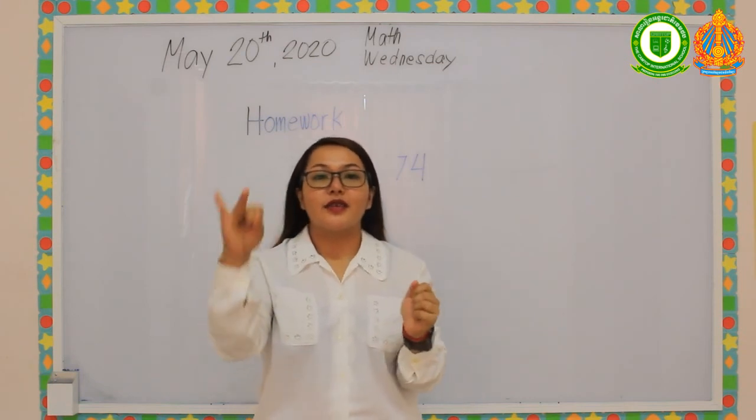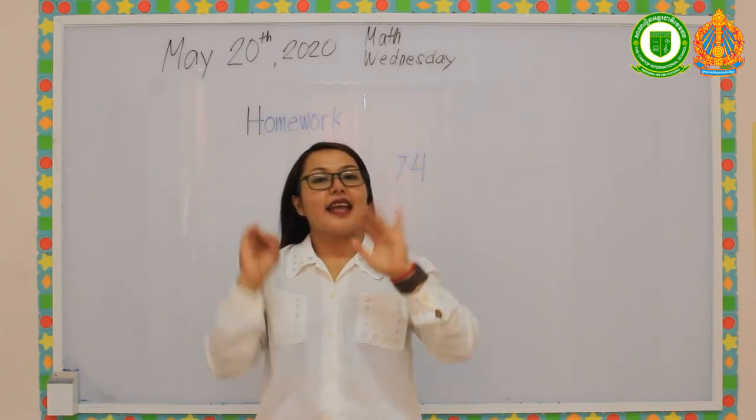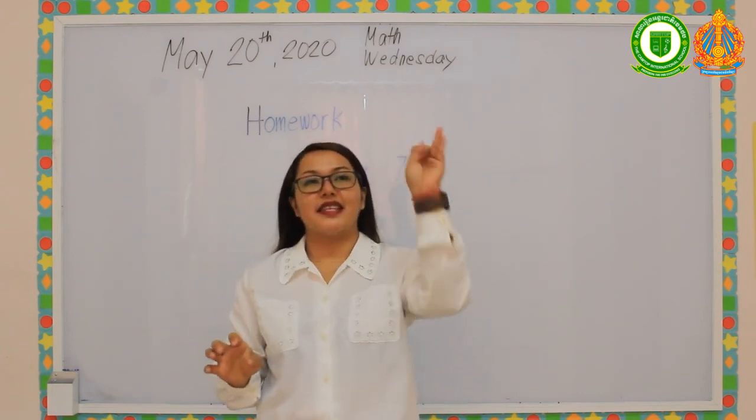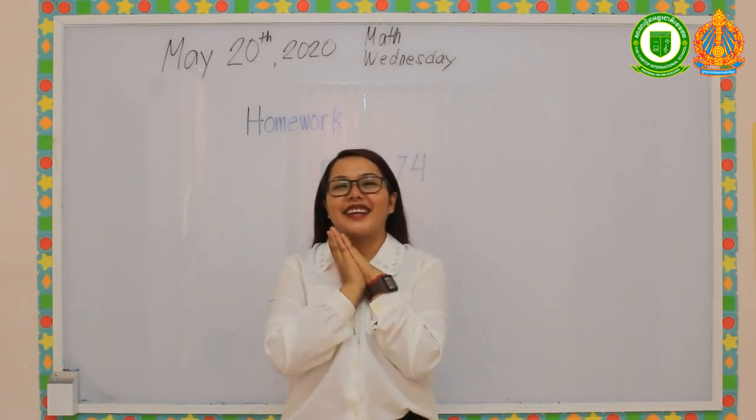Faster! 1, 2, 3, 4, 5, 6, 7, 8, 9, 10, 11, 12, 13, 14, 15, 16, 17, 18, 19, 20. Okay, good job, kids.